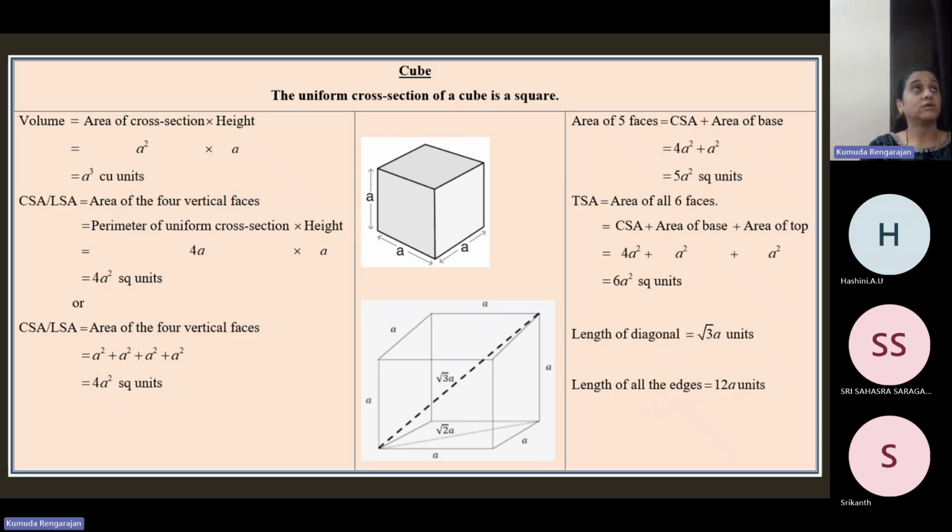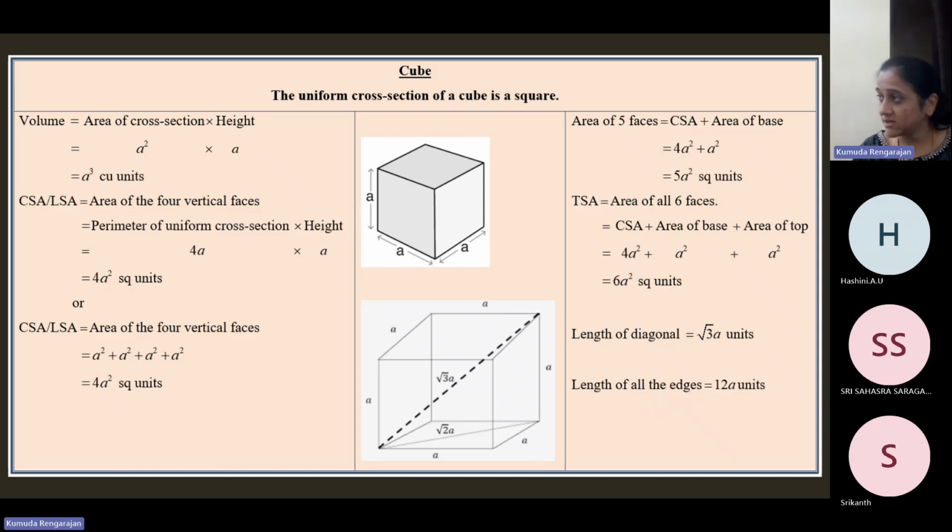Just imagine the room in which you're sitting is a cubical room. All the diagonals will have the same length.